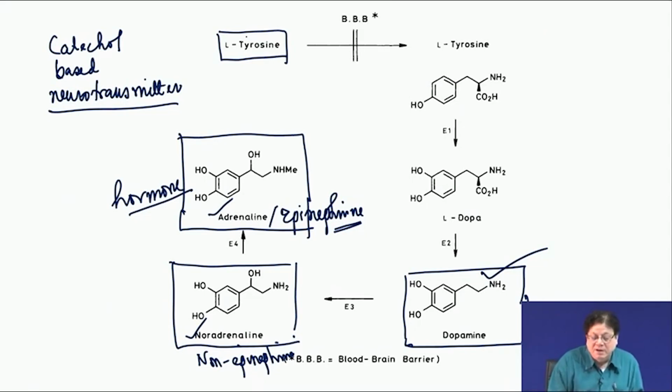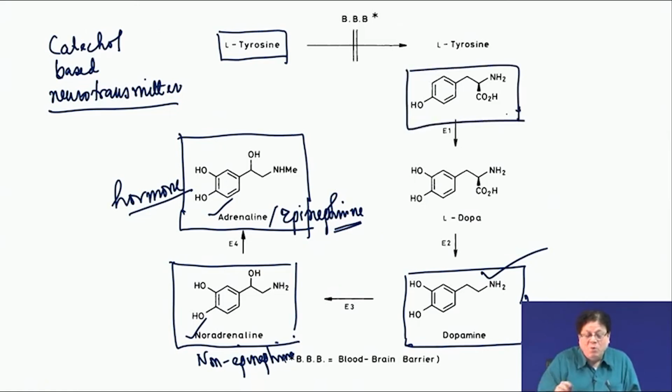Now, L-tyrosine is an amino acid, and the structure is shown here. Now, what happens is that the brain cells, that means the neurons, get this metabolite like L-tyrosine.